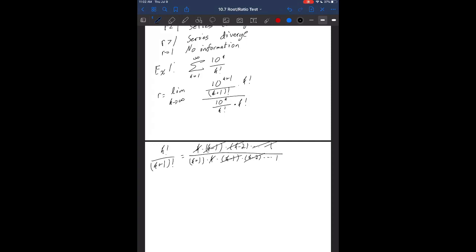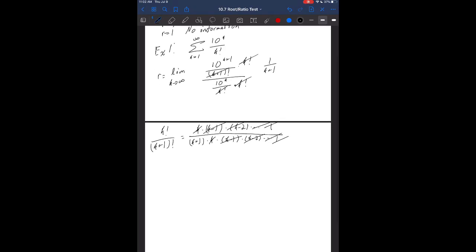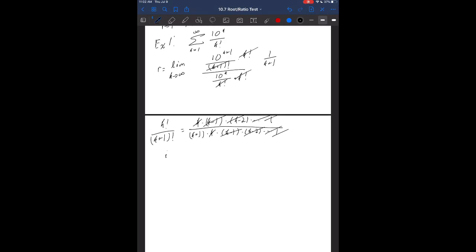The k's cancel, the k minus 1s cancel, the k minus 2s cancel. All of the terms cancel except for the k plus 1 on the bottom, so we're just left with 1 over k plus 1. So this is the limit as k goes to infinity of 10 to the k plus 1 over k plus 1 over 10 to the k.